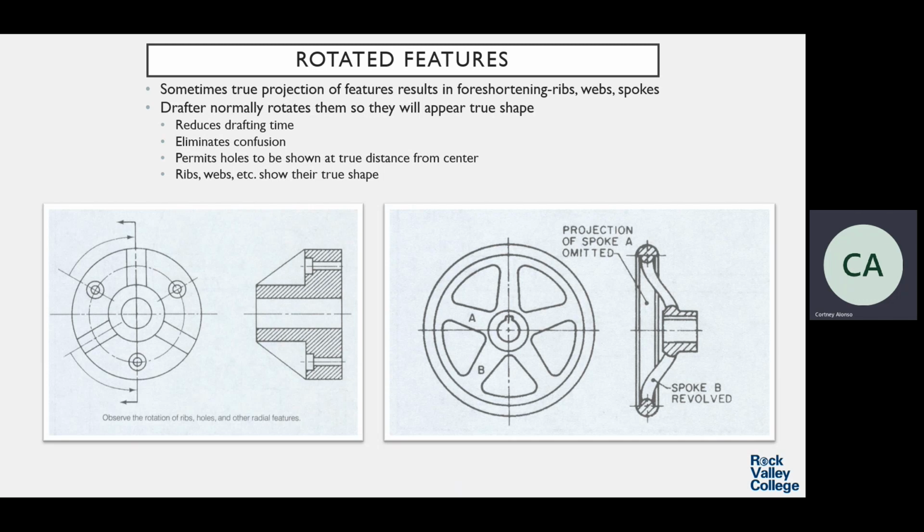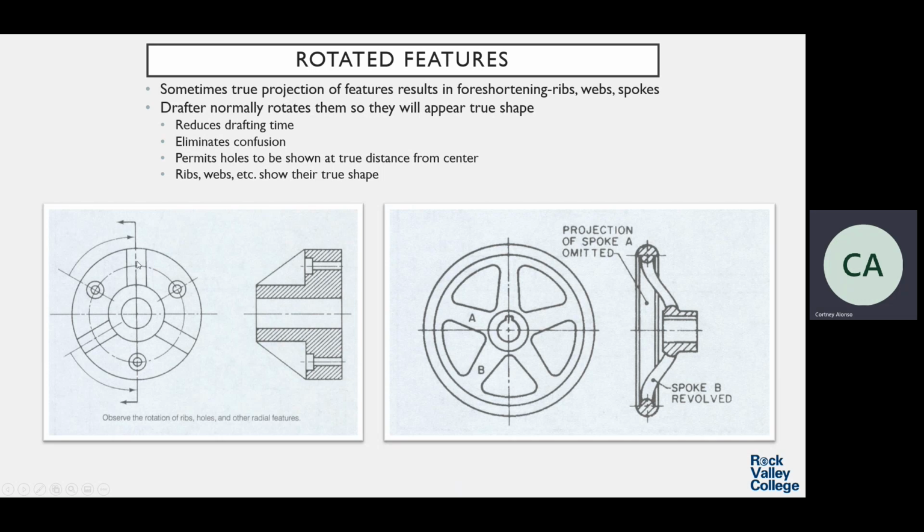So a drafter will normally rotate them to show the true shape. What does that mean? In this case, you observe the rotation of the ribs, holes, and other radial features. We just talked about that in the last section, but you can see that this is going all the way through here.